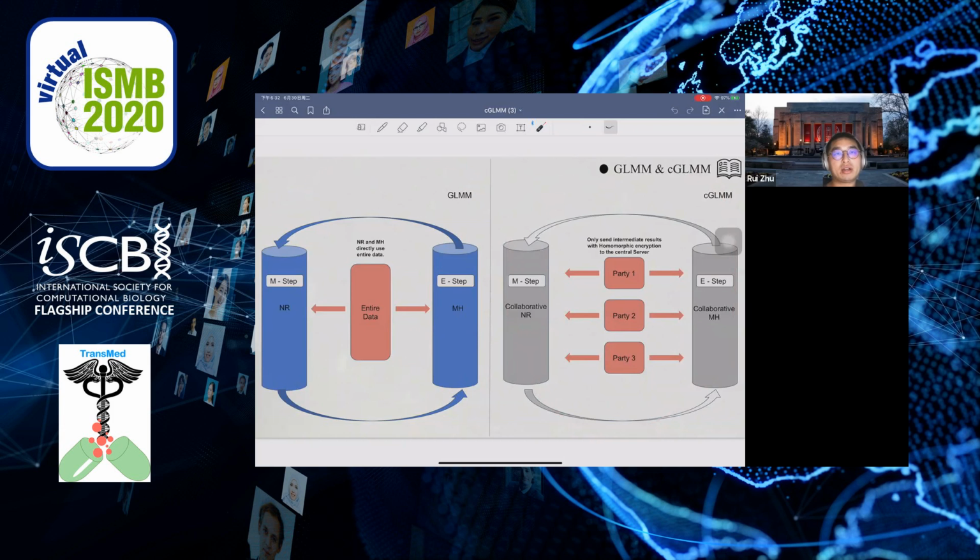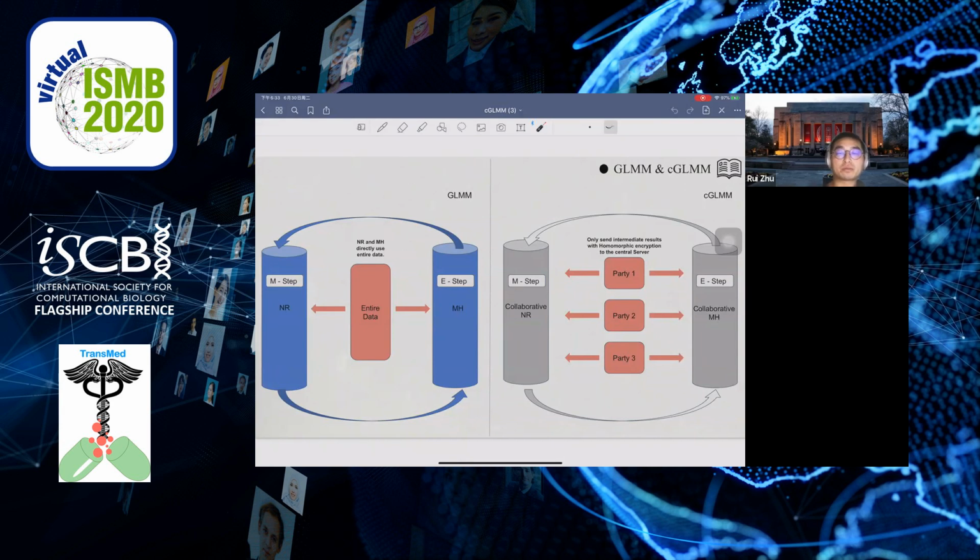Similar with regular optimization of GLMM, on the left-hand side, it uses an EM algorithm, where E step is a Metropolis Hastings algorithm to update the random effect. M step is a Newton-Raphson used to update the fixed effect. The CGLMM uses the same workflow, but the process of Metropolis Hastings and Newton-Raphson has been changed.